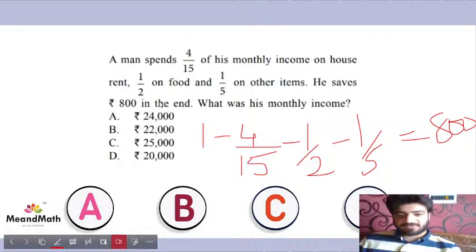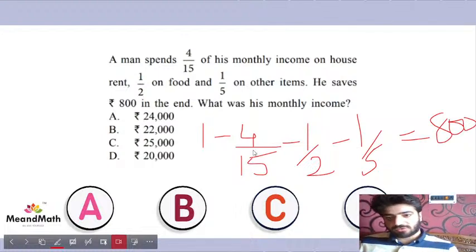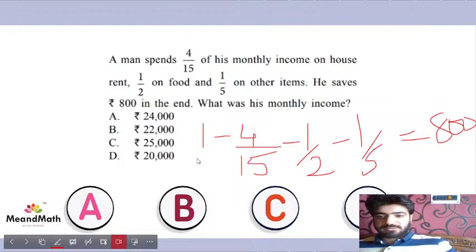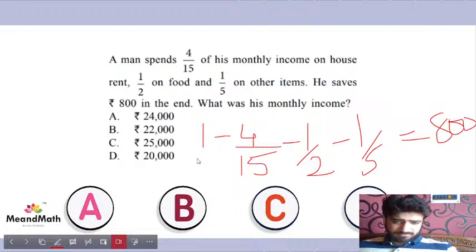When you subtract all of this and find the fraction, you'll be able to find the answer, what is his monthly income, if you put it as 1 or x. Instead of 1, you can simply put x.